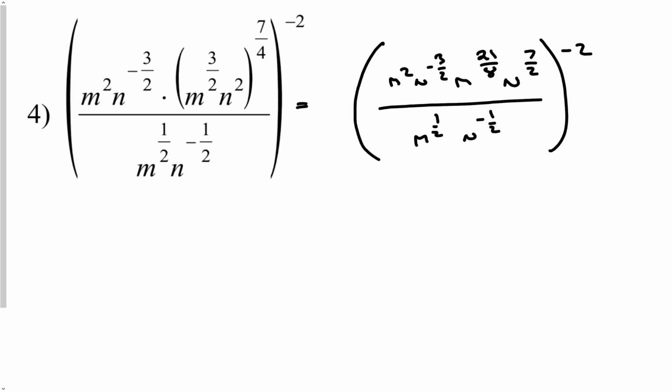Well, let's start putting m's and n's together, and then we'll deal with the -2 at the end. So what do I got? I got a 2, I got a 21/8. Let's put those together first, and then I'll cancel out the 1/2. So 2 plus 21/8 turns into m to the 37/8, right? 16 plus 21.